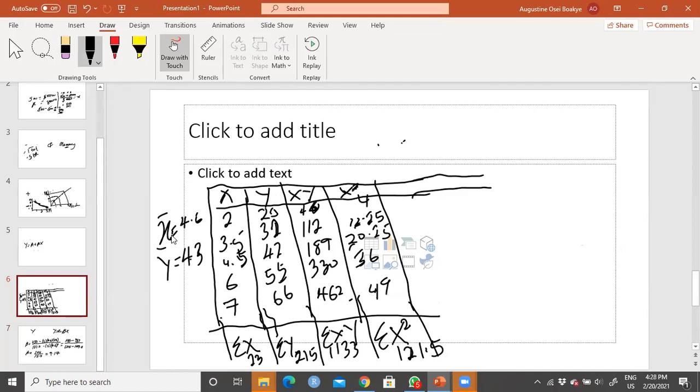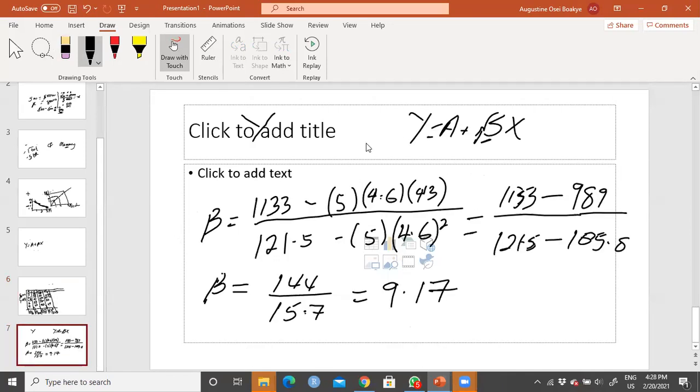These values we have here, x bar and y bar, are the same as the y and x you see over here.